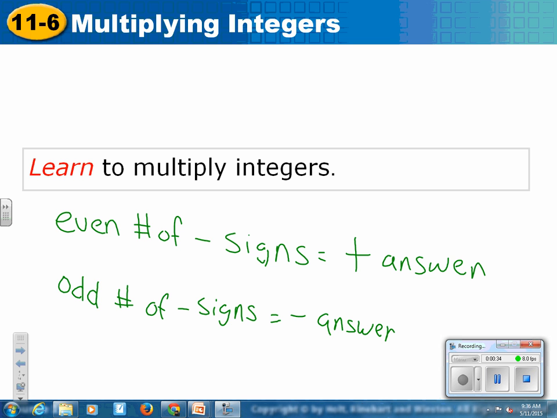If you have an even number of negative symbols, your answer is going to be positive. It's that simple. And if you have no negative symbols, your answer will be positive, just like it always has been ever since you first started doing multiplication.